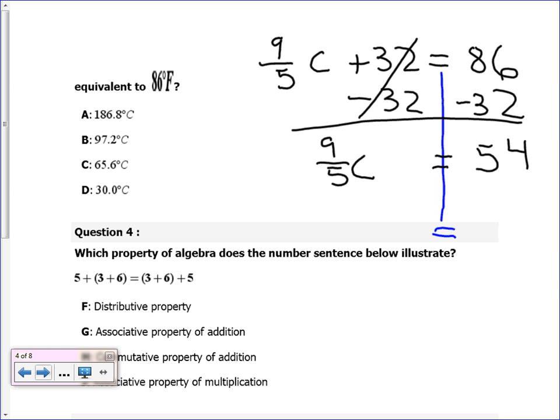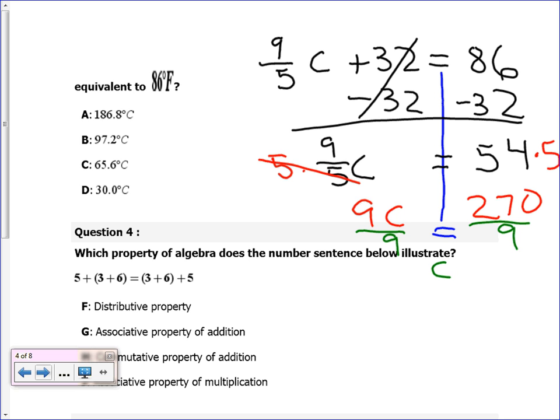So our LCD here is 5, so multiply both sides by 5. Your 5's cancel, so you're left with 9C is equal to 54 times 5, which should be 270. And then lastly, divide both sides by 9, and you'll have that your Celsius is 30 degrees.